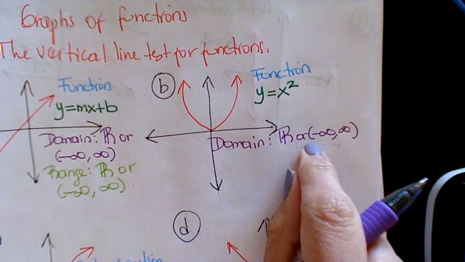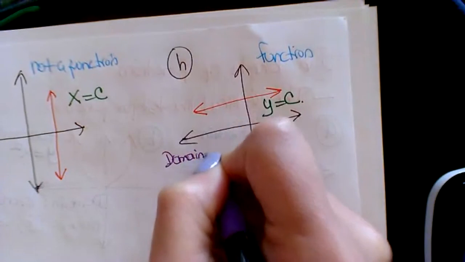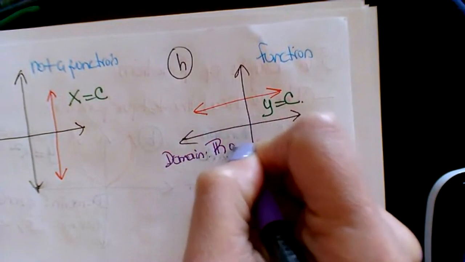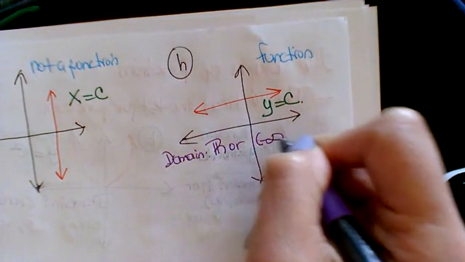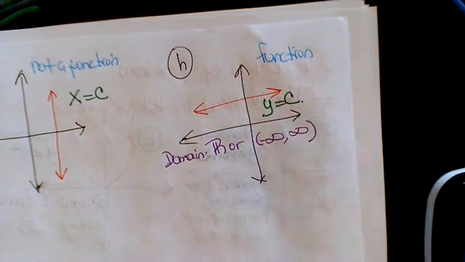Now, this one. This one is not a function, so we don't need to do that. Not a function, not a function, and not a function. And this one, yes, it is a function. So the domain is going to be all of the real numbers, or from negative infinity to infinity.